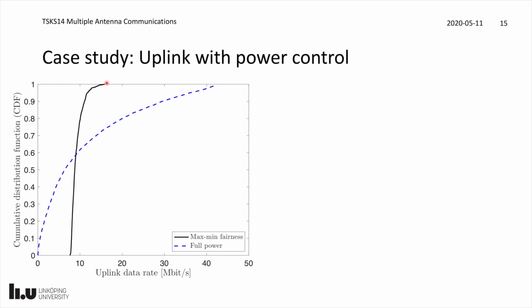So it's really about taking these large variations in performance that you're getting in your cell if you just let everyone transmit with the same power and squeezing them together to having much smaller variation between different user drops by using maximum fairness power control.